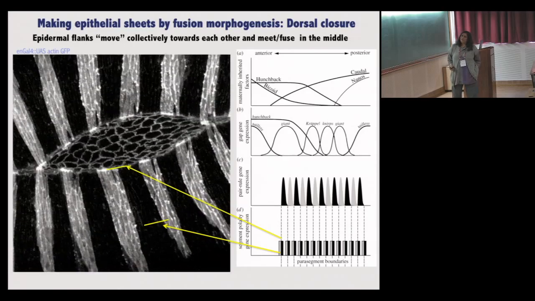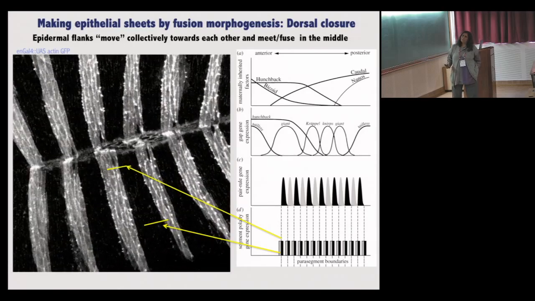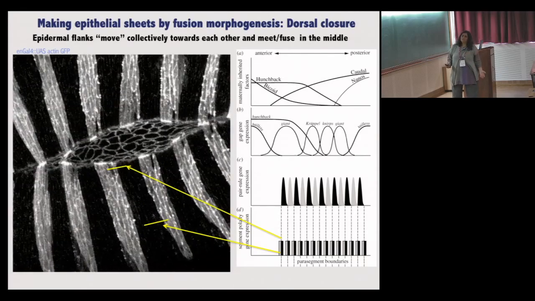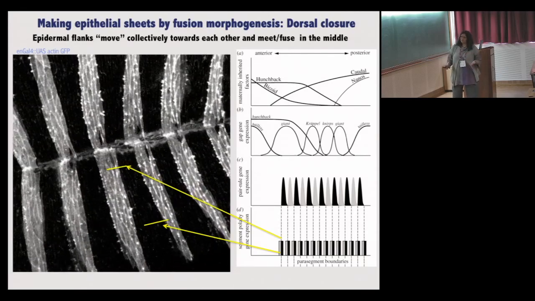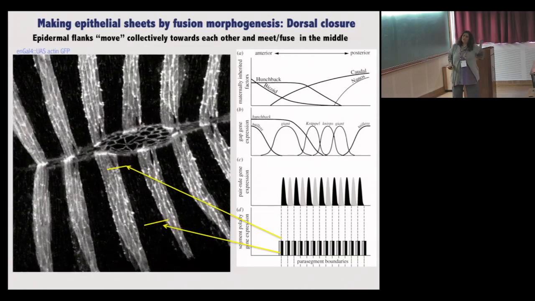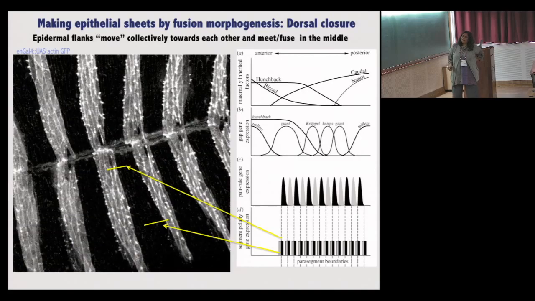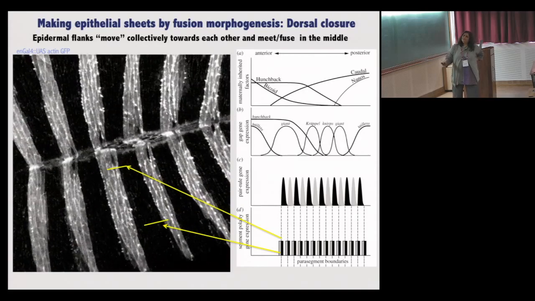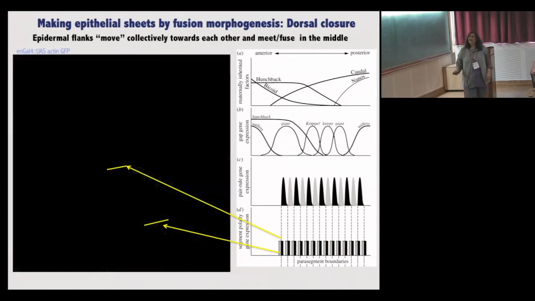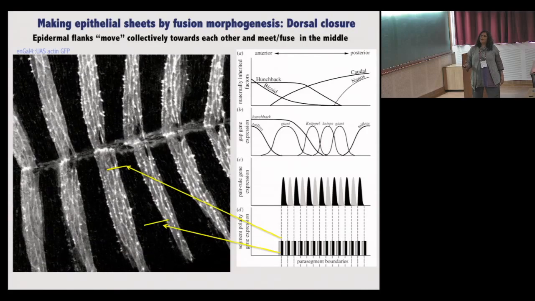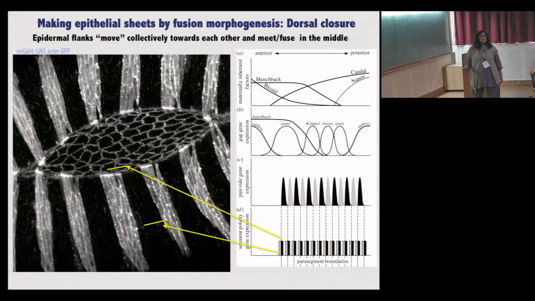And what you see here is a process that happens towards the end of embryogenesis, the third in sequence in Drosophila embryogenesis, during which these two striped sheets, I'll tell you why they're striped, actually move towards each other and establish continuity in the middle.